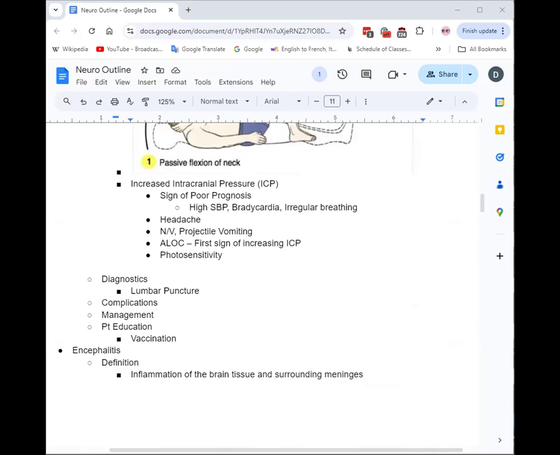There are some things to do with the lumbar puncture. Yeah, those are all pretty good. What positioning do you want them to be in after a lumbar puncture?